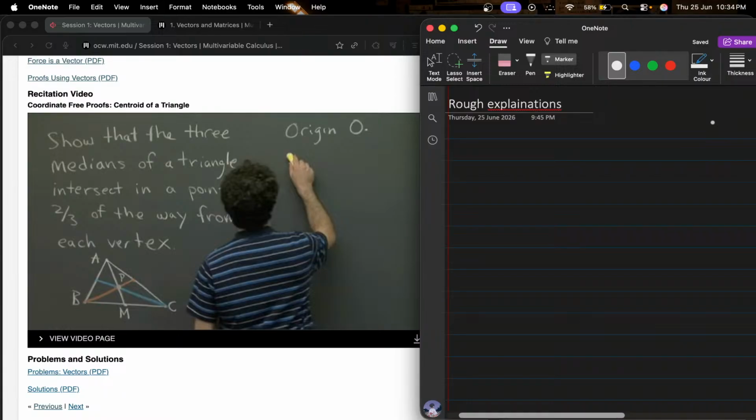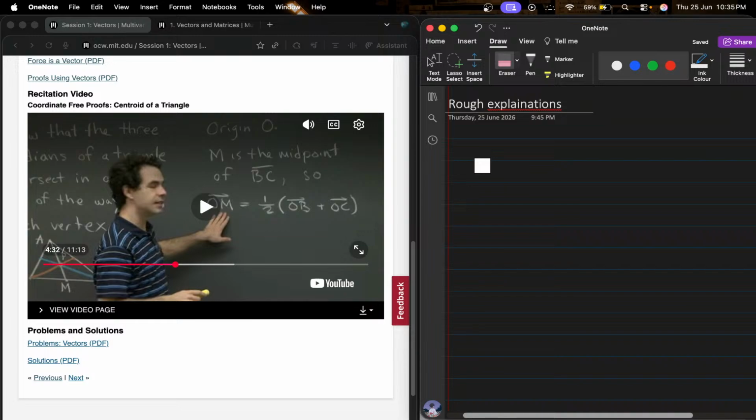Let's see what we have. We have OM here. Let's say vector OM is half of OB plus OC. That's the same thing that we read in the proofs using vectors in this PDF.